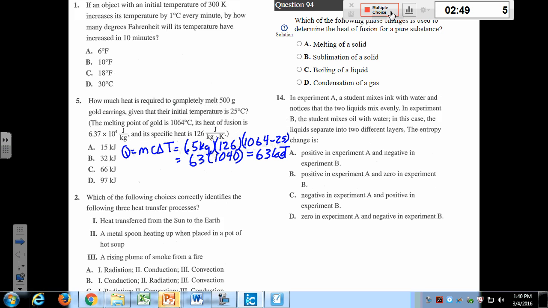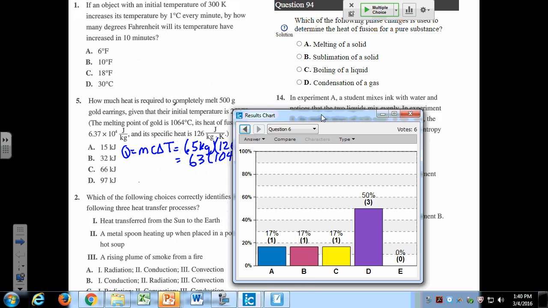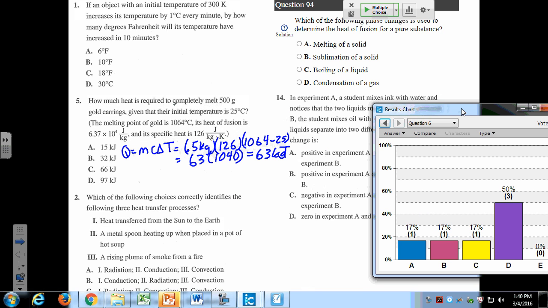But then I also need to figure out how much energy is required to change it into a liquid. So I have 63,700 joules per kilogram.